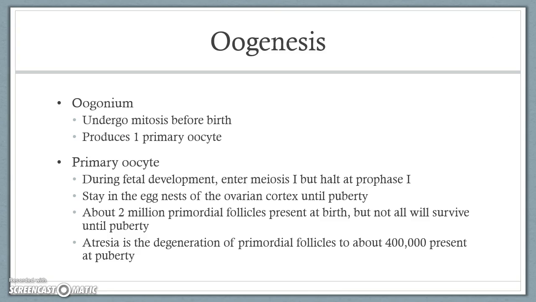Each primary oocyte is in what is called a primordial follicle, and at birth, each female has about 2 million of these primordial follicles. Through a process called atresia, most of these primordial follicles will degenerate until about 400,000 are left at the time puberty begins.